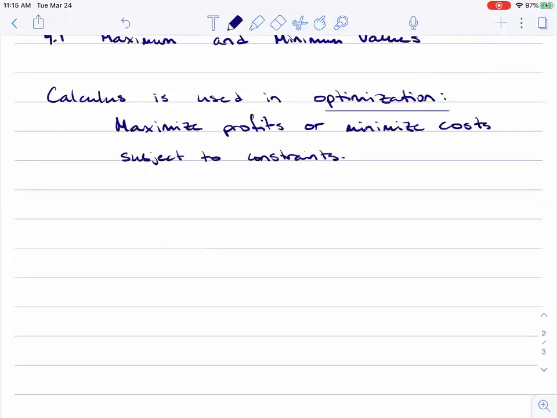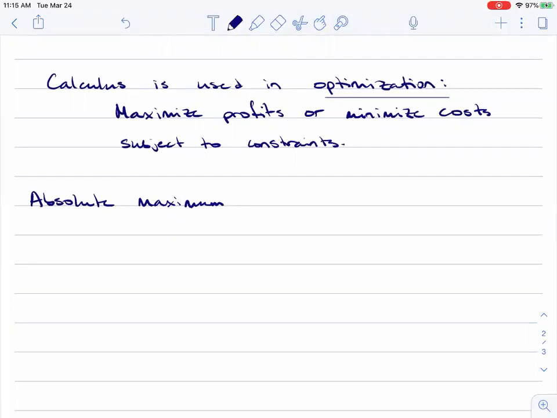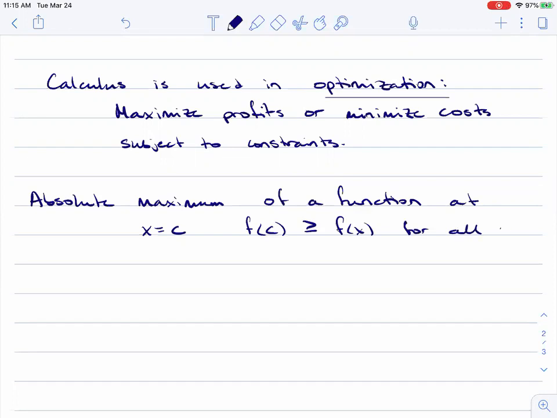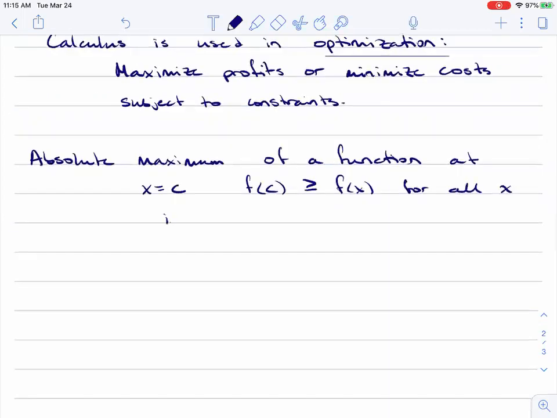So there's such a thing as an absolute max or an absolute maximum, which, honestly, I think you guys are okay if I just write max, but absolute maximum of a function at x equals c, so some point c, means that f of c is greater than or equal to all the rest of f of x, for all x in the domain of f.